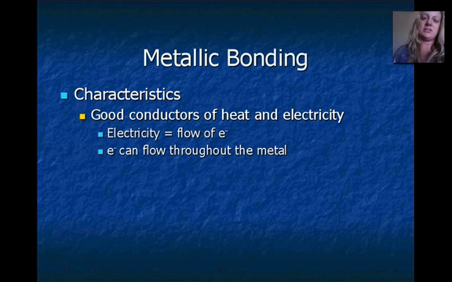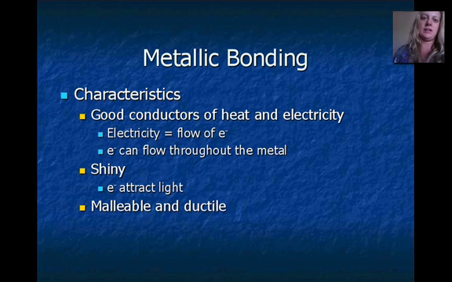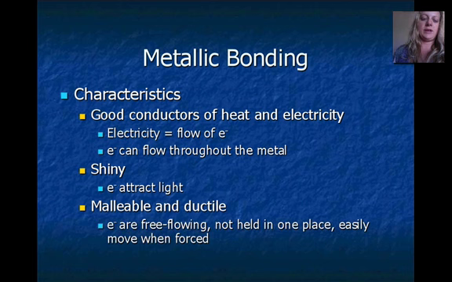Electricity, by definition, is the flow of electrons. They are shiny, again, because the electrons are attracting light. You'll learn that probably in college or physics. They are also malleable and ductile, meaning we can bend them and move them around. Again, this is all because of the electrons.